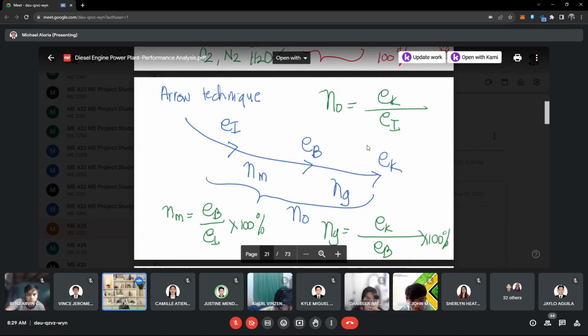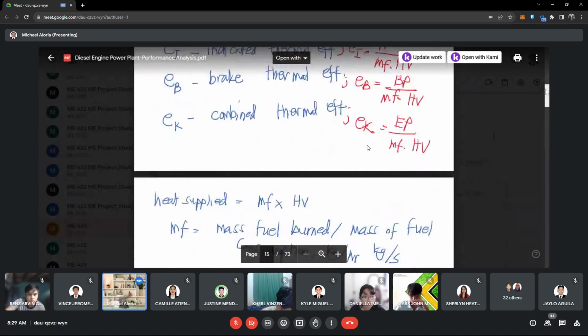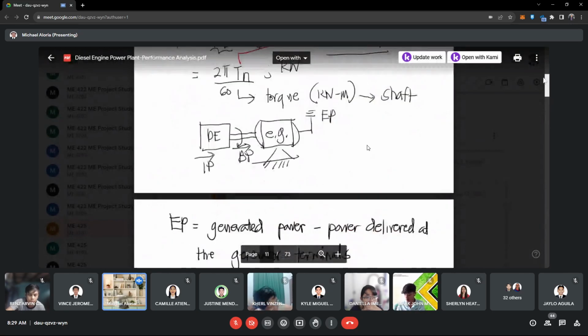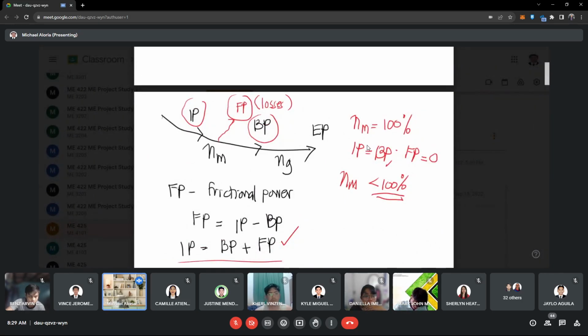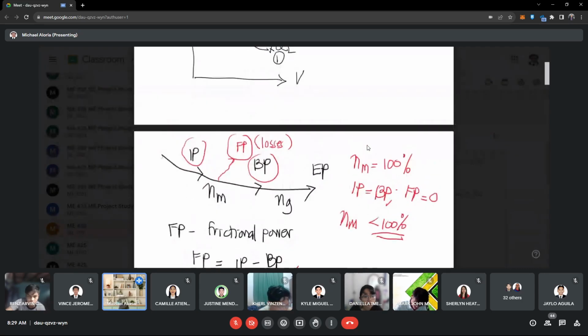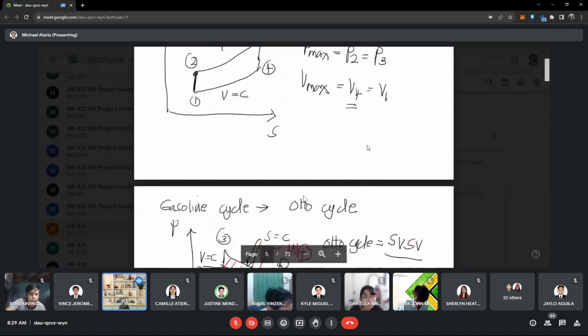Originally, our arrow diagram is a function of your power outputs. Earlier, I showed you our power outputs: your IP, your brake power, and your EP. That would define your mechanical efficiency and your generator efficiency.